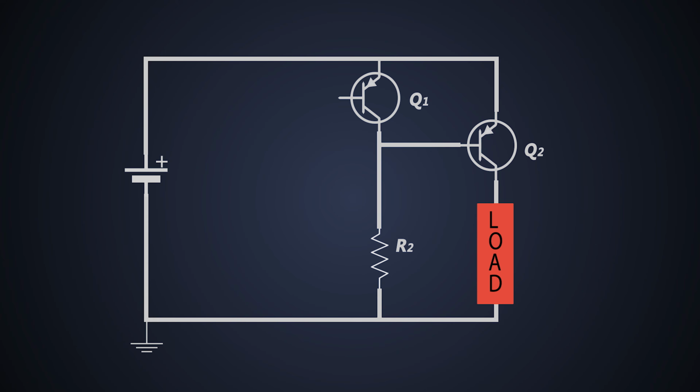Now Q1 is a smart device. It should know when to turn on and when to keep itself off. So the base of this transistor should be controlled in such a way that up to a certain value it will be off, but when the threshold voltage reaches, it should turn on. To do so, we'll use a Zener diode.